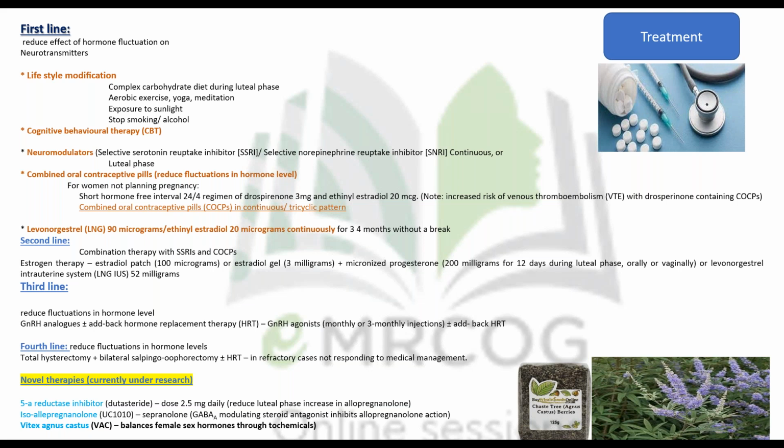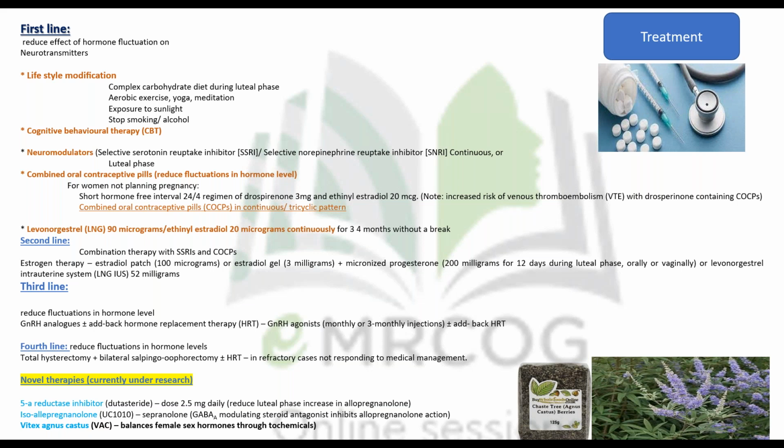We can start for her a combined hormonal contraceptive, and this is to reduce the fluctuation in the hormonal level. For example, we can use something like the Yasmin, or anything from the new forms, but take care that it slightly increases the risk of VTE.